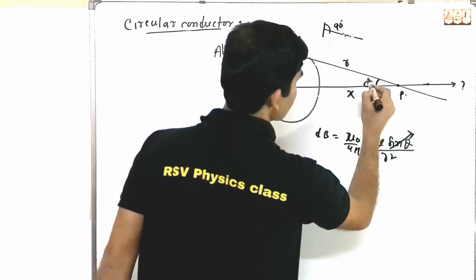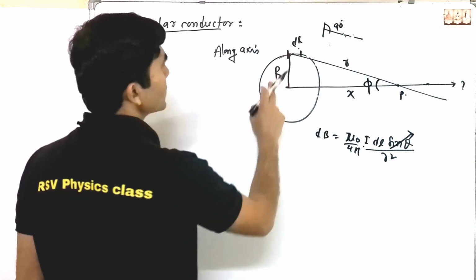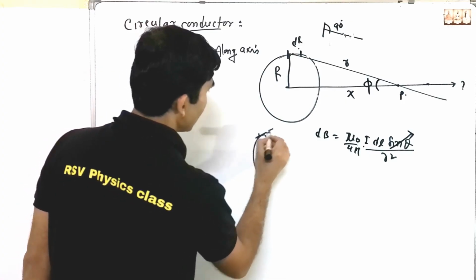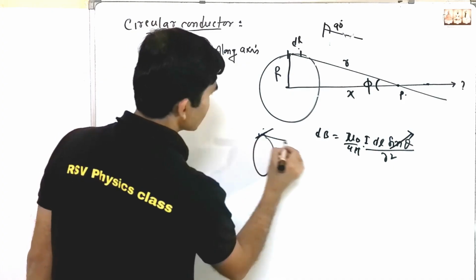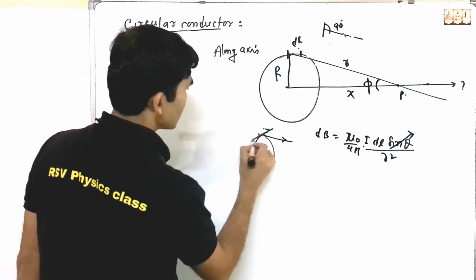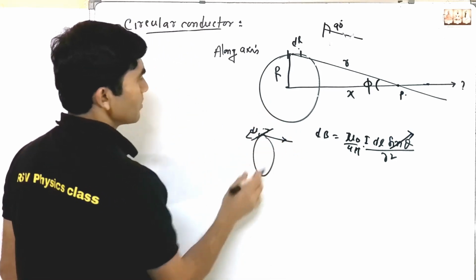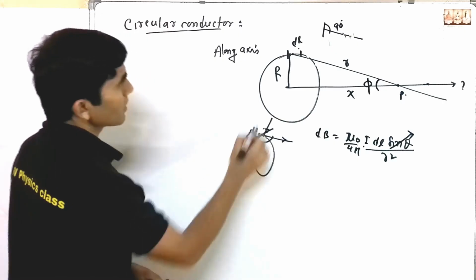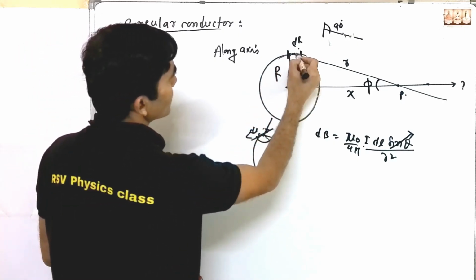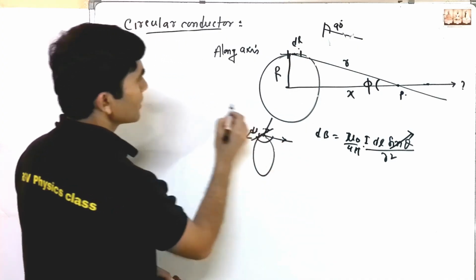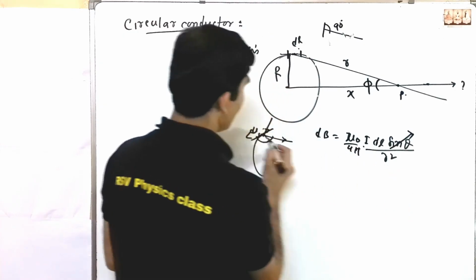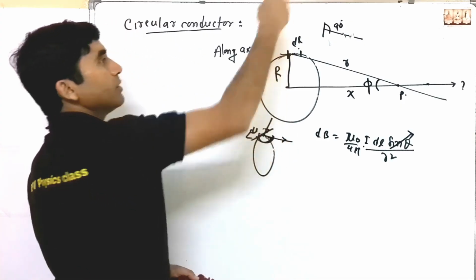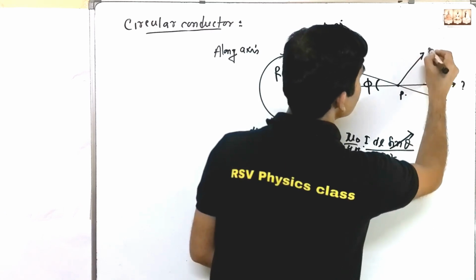From geometry you just put it in. Now if this is dl and this is r, dl cross r by r cube, dl cross r will be along this direction. So the magnetic field dB will be in this direction.